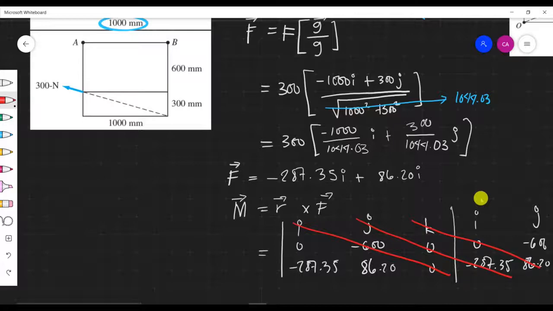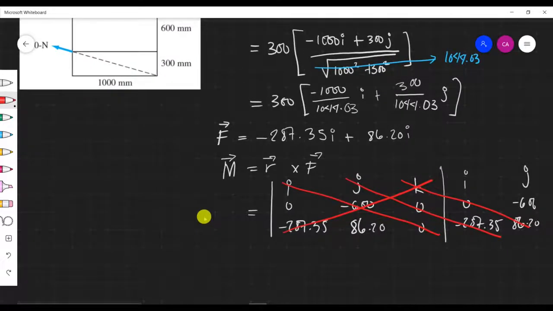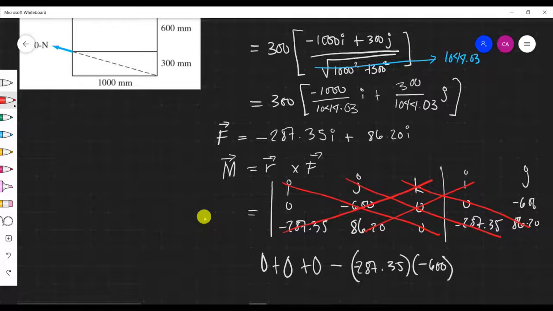Alright? Then, pag pinag-multiply natin to, meron nang value. So, yung unang slash, 0. Pangalawang slash, 0. Pangatlong slash, 0. Yung pang-apat na slash, negative, times 287.35. Negative sila, negative ito. Then, negative 600. Okay? Then, 0 and 0.